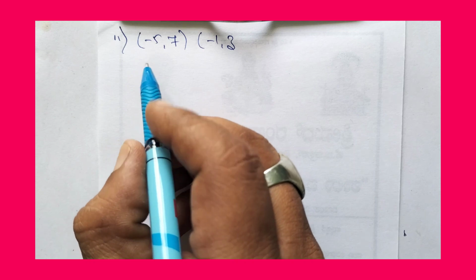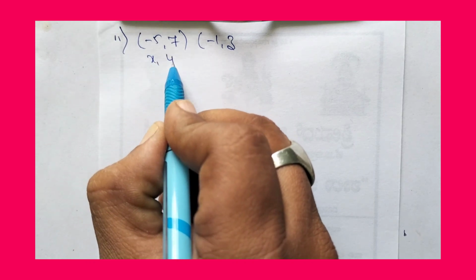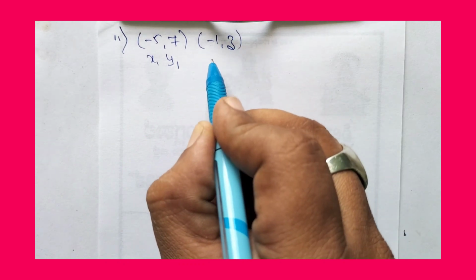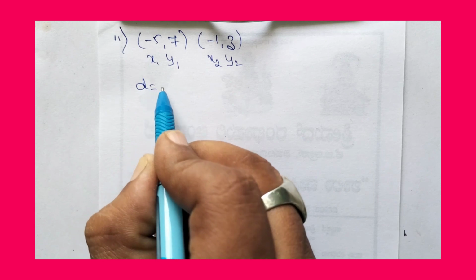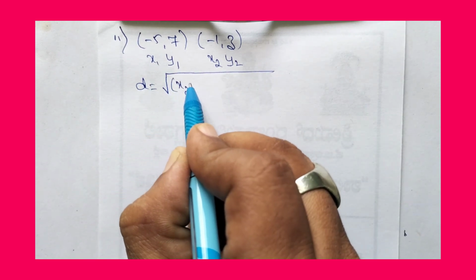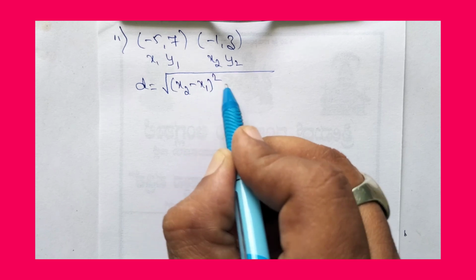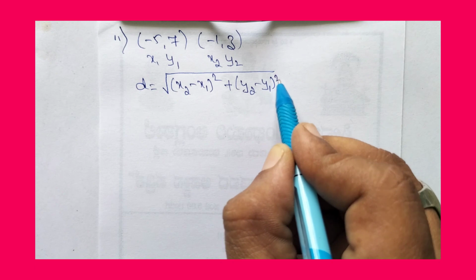So now let us solve the second question. Minus 5 comma 7 is x1 y1, minus 1 comma 3 is x2 y2. So let us find the distance between these 2 points. So d is equal to square root of x2 minus x1 whole square plus y2 minus y1 whole square.